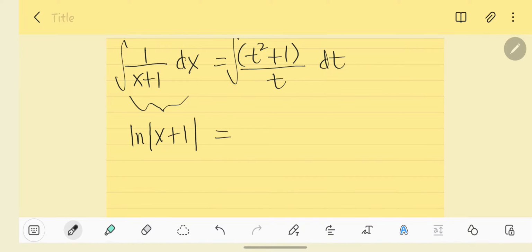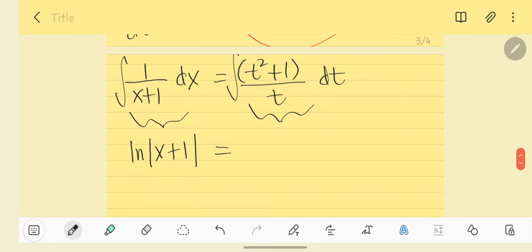The other side is the integral of t squared plus 1 over t dt. After some algebraic manipulation, we get t squared over t plus 1 over t dt.